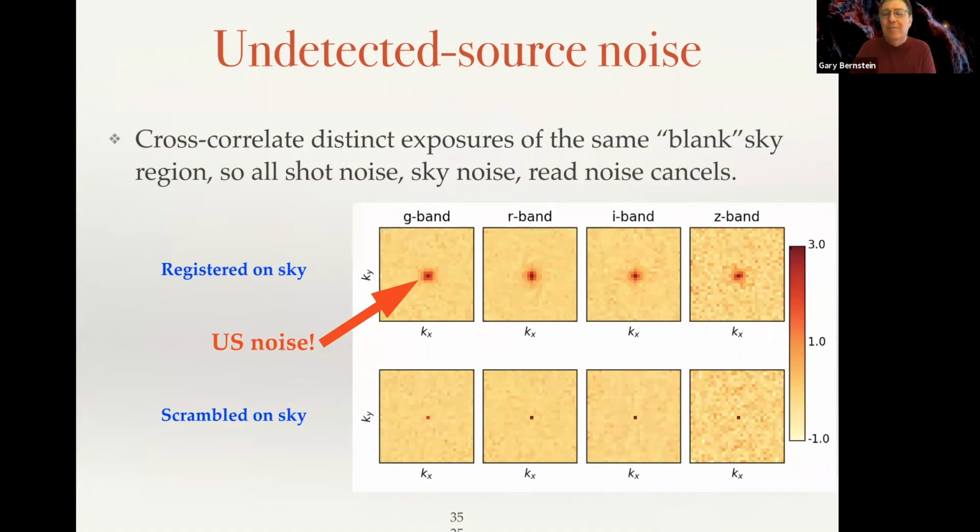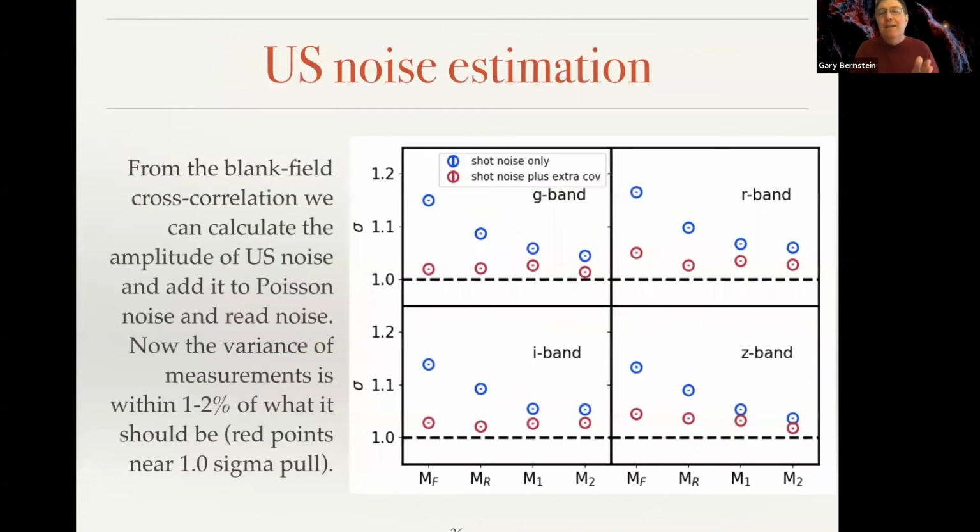And I won't go through these slides, I'm running out of time, but I can talk to anybody later. And this should show up on arXiv. But essentially you can measure your undetected sources in a statistical sense. And that ends up being a 10 or so % change to the noise level that we expect for fluxes in G-band, actually in all the bands.